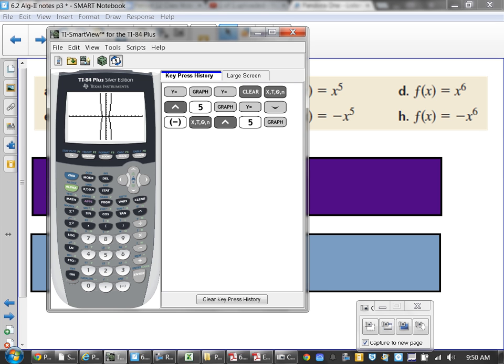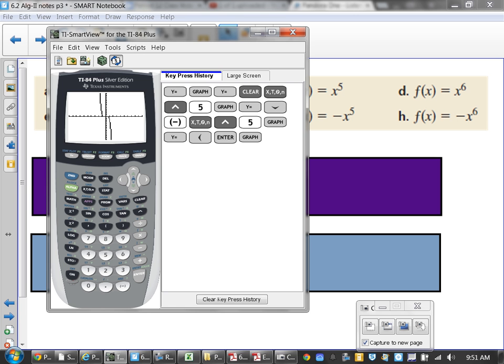If you have both functions in your y equals, x to the 5th and negative x to the 5th, what you can do to turn one of them off is highlight the equal symbol and hit enter. It'll turn that one off for the time being, so you can only see one. It's a nice little shortcut. Sometimes if you're doing multiple graphs, you need to look at them separately.